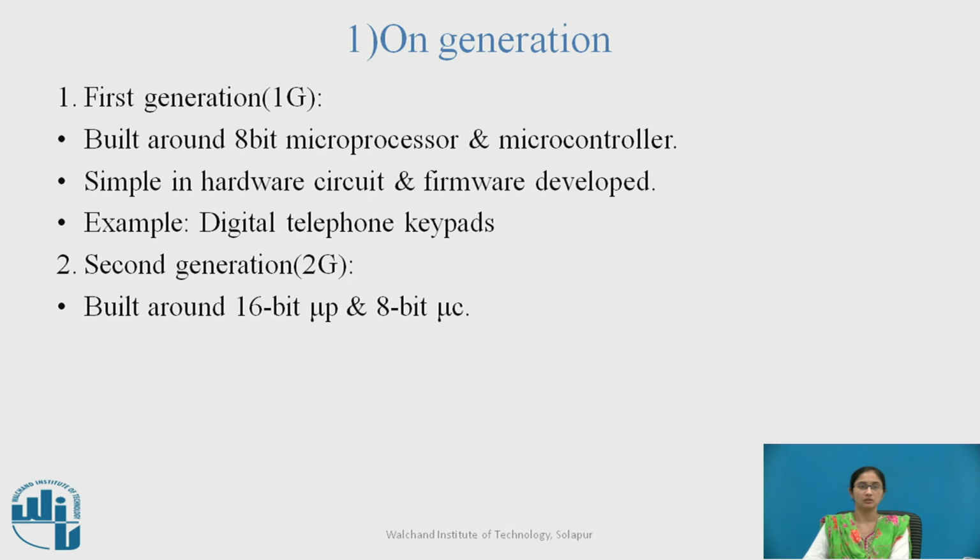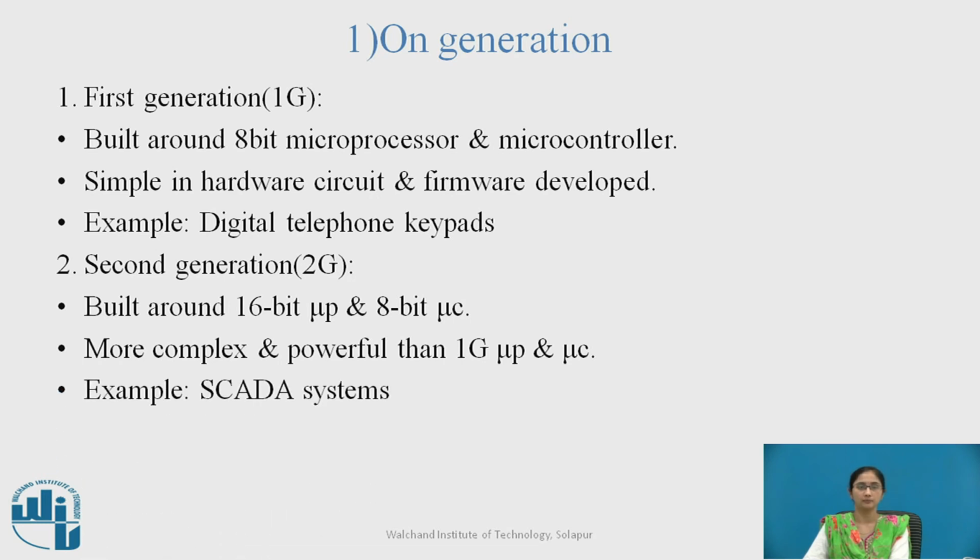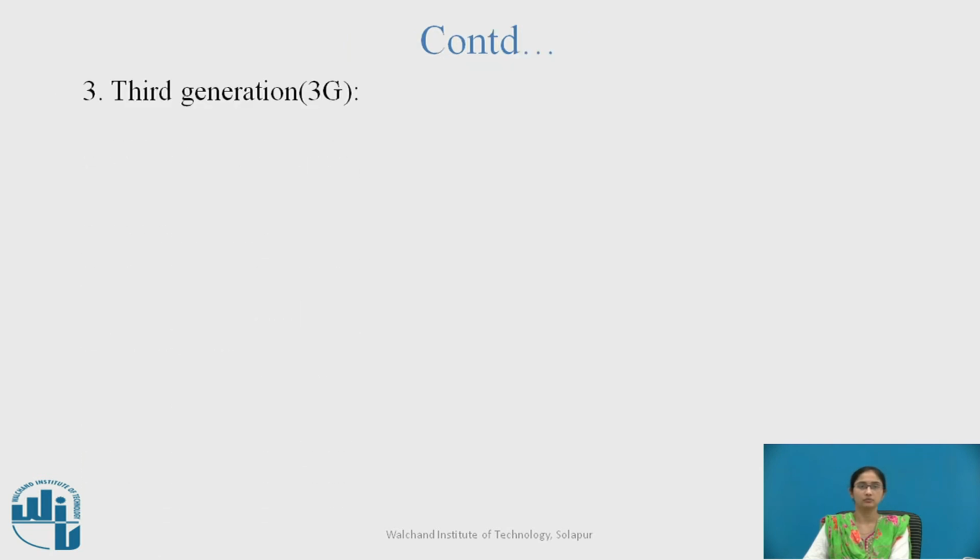Second generation. Embedded system built around 16-bit microprocessor and 8-bit microcontroller. Second generation embedded systems are more complex and powerful than first generation microprocessor and microcontroller. Example of second generation is the SCADA systems. Third generation.